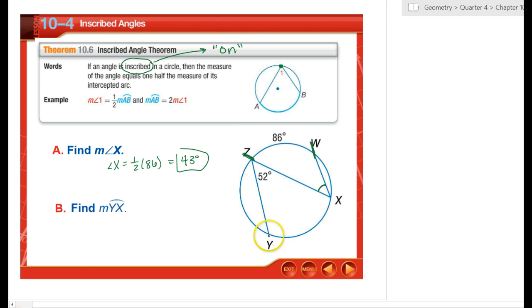Here I want to find arc yx. I know the inscribed angle that makes that arc is 52. So that's going to be twice 52, which is 104. Okay? Pretty simple.